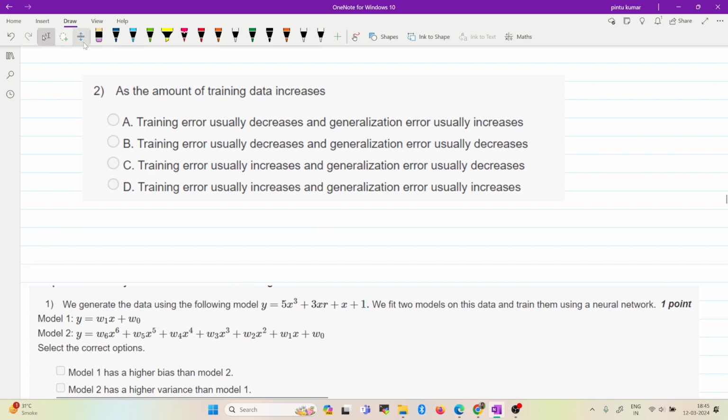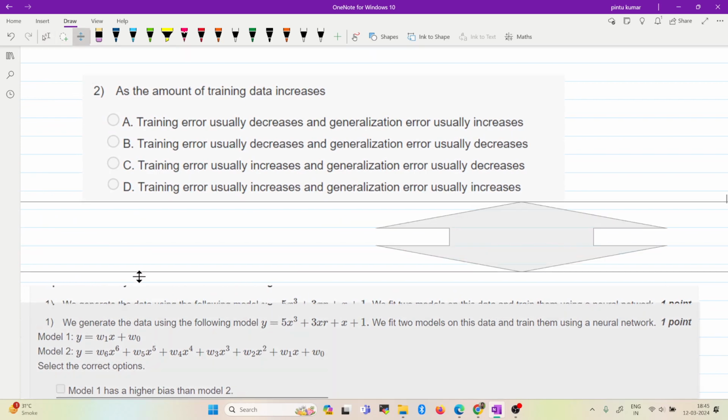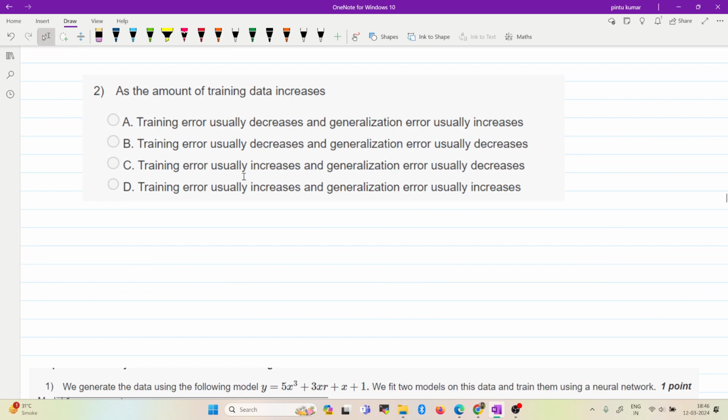Okay, here is another question. Which option do you think is correct? There is only one correct option, I think, in this. What happens as the amount of training data increases? You can think of it in two branches: what would happen to training error and what would happen to generalization error.